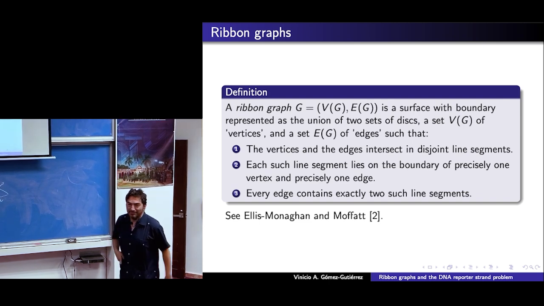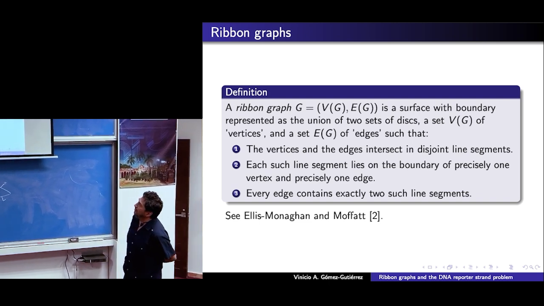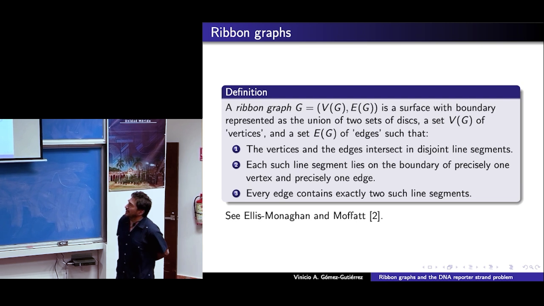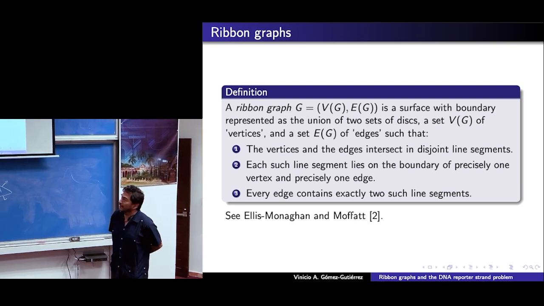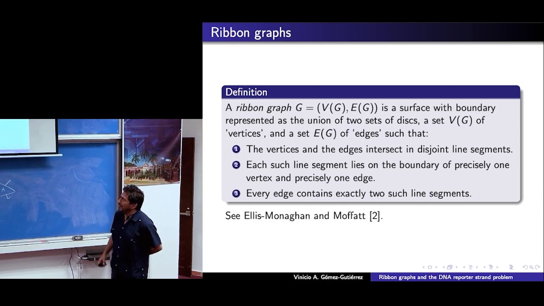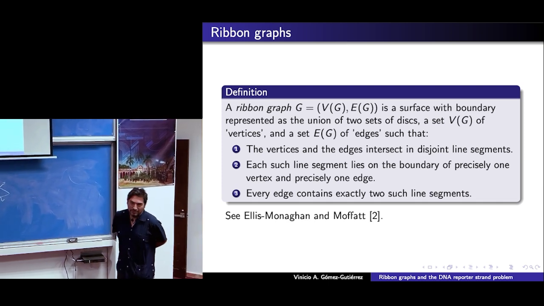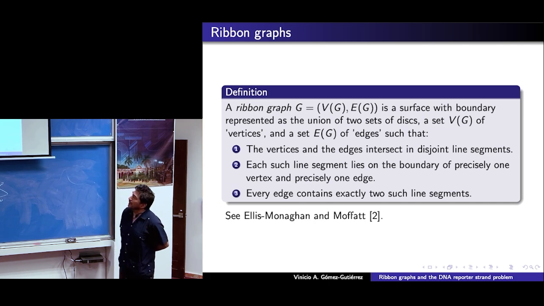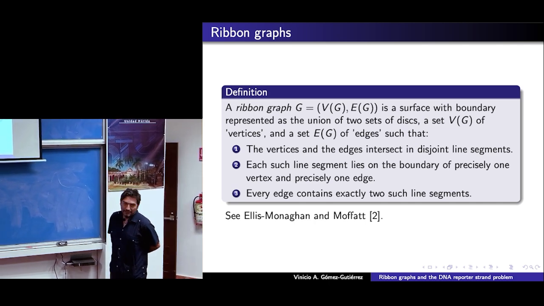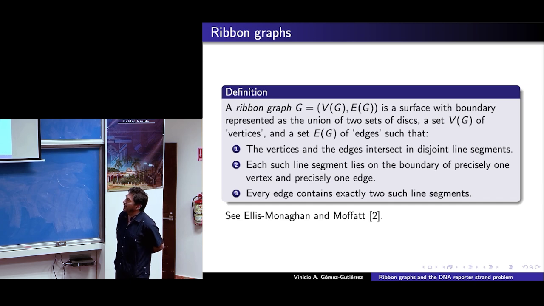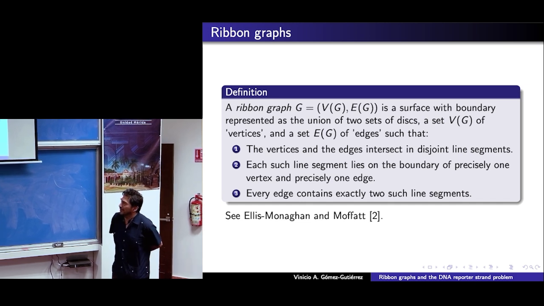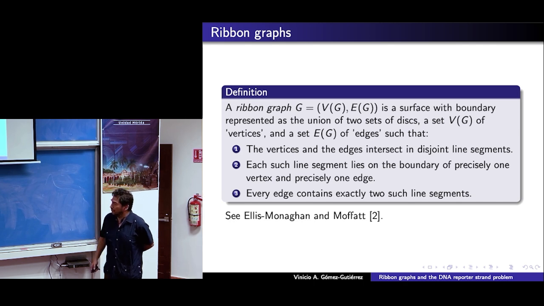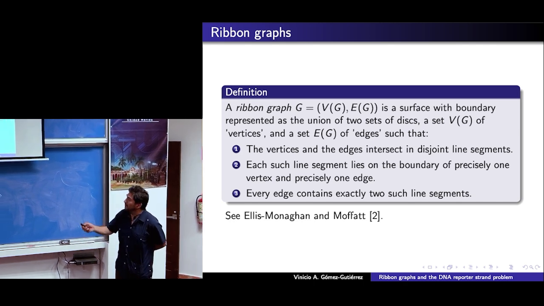Right. Well, a ribbon graph is a surface with boundary represented as the union of two sets of disks. One are the vertices and the other are edges. The vertices and the edges intersect in disjoint line segments. Each such line segment lies in the boundary of precisely one vertex and precisely one edge, and every edge contains two such line segments.